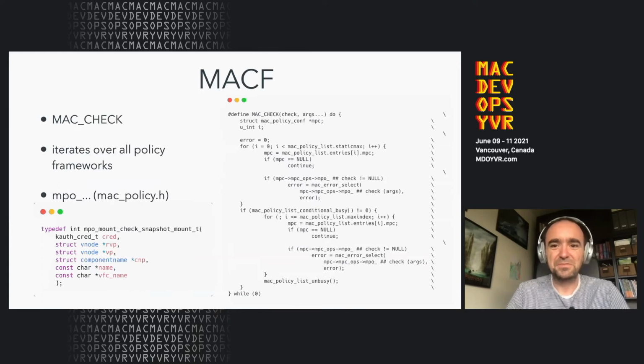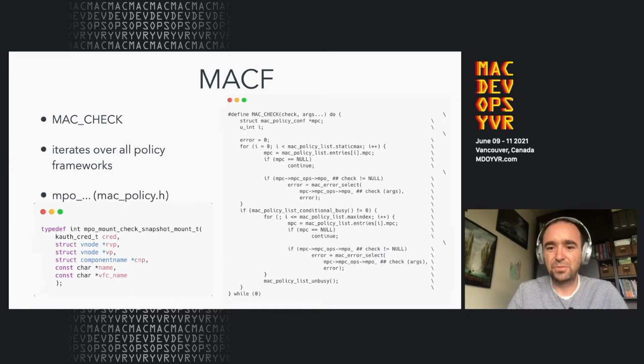And then comes mac_check, which is basically doing the callouts to the various policy modules. What it will do is iterate over all of the installed policy modules and check if that module implements this hook or not. If yes, it will call it, get the results, and move on and call the same hook from the other modules as well, and aggregate the decision.